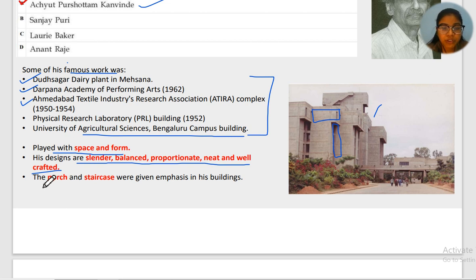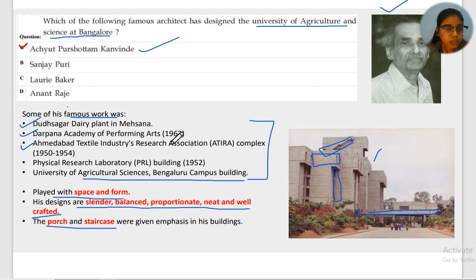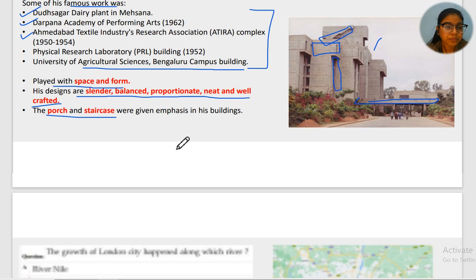He gave more emphasis to the porch and the staircase, as you can see here, and played with these elements in his design. So this was all about Achyut Kanvinde.